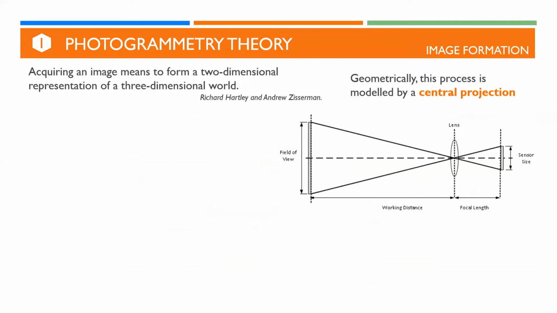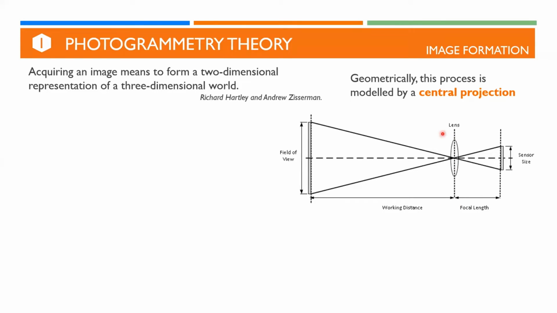Just to have a really brief introduction to some theoretical part of the photogrammetry, we can say that acquiring an image means to create a 2D representation of, of course, our three-dimensional world, so our real world. We can think that with the most simple approximation, an image that we are going to acquire in our photogrammetric process is a central projection.